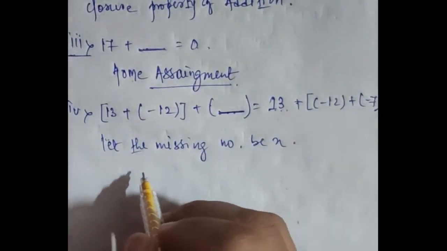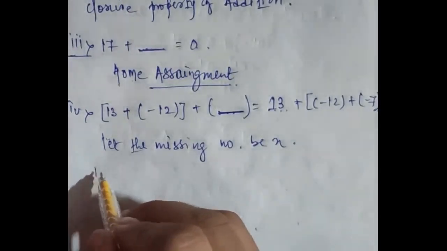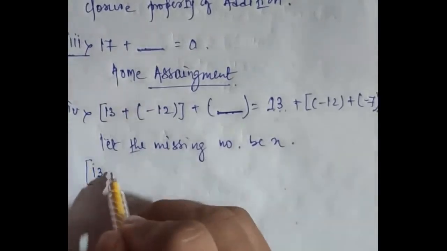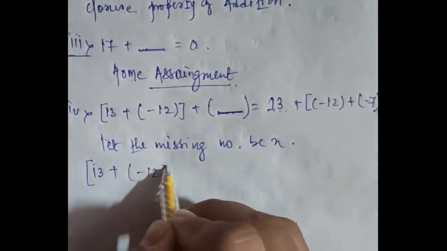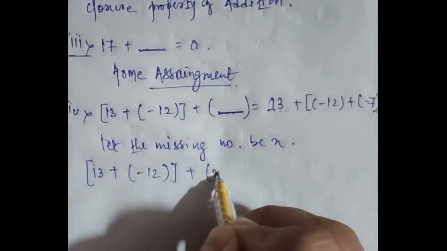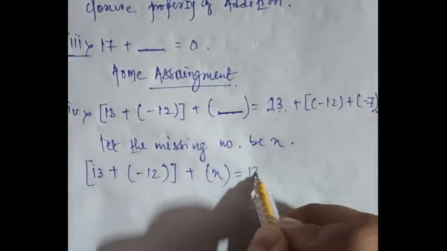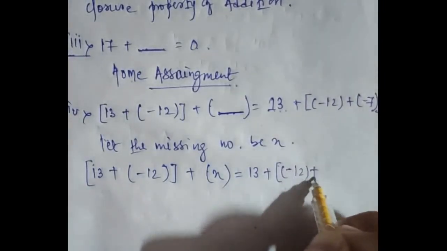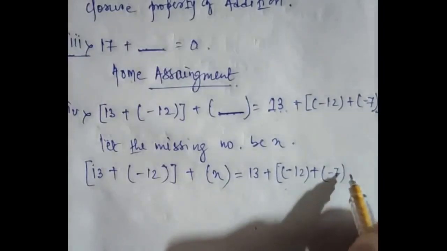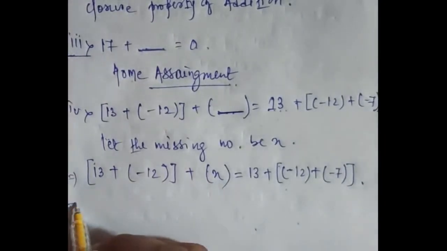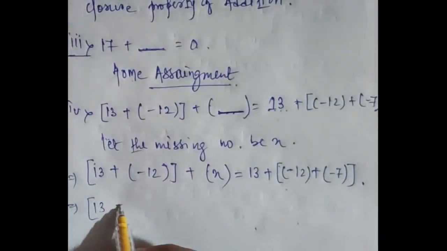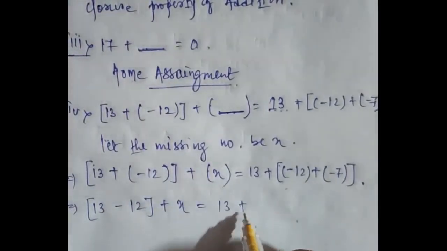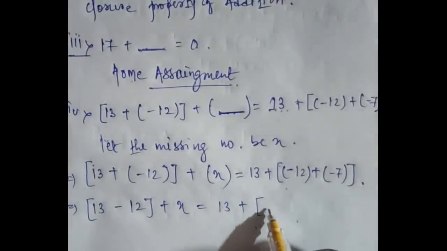So we will write 13 plus minus 12 plus x is equal to 13 plus, inside the bracket, minus 12 minus 7.